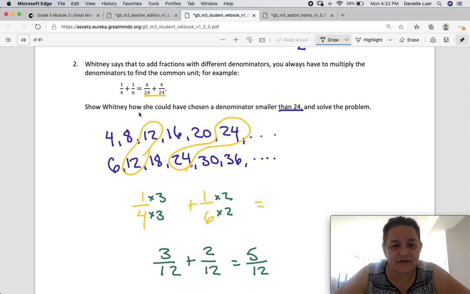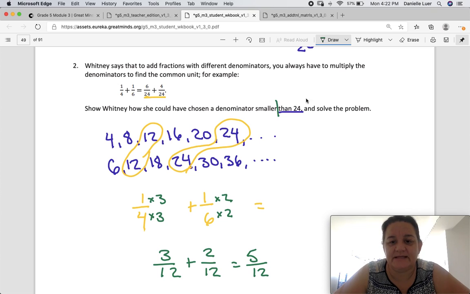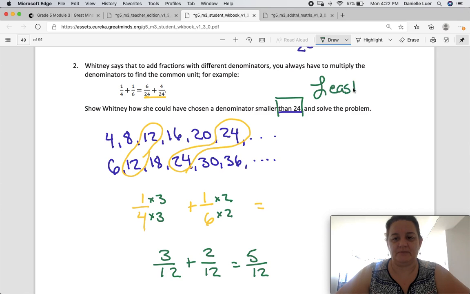There, we just showed her she doesn't have to use 24 if there's a smaller common denominator. Okay, the least common denominator is what that's called. Least, as in the smallest. Least common denominator. Great.